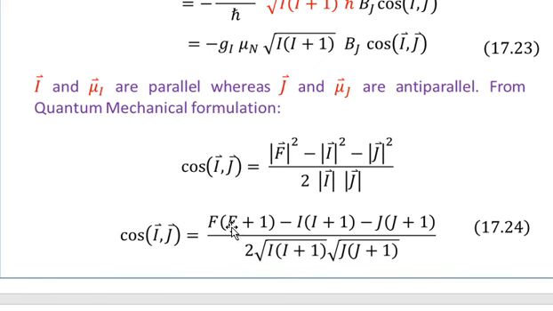That is the quantum number F appearing as F into F plus 1, the quantum number I appearing as I into I plus 1, the quantum number j appearing as j into j plus 1. And in the denominator, you have 2 times the square root of I into I plus 1 and the square root of j into j plus 1. So you see that we can substitute cos in equation number 23. Cos of the angle between I and j in equation number 23 can be replaced by the value of cos of I and j from equation number 24.